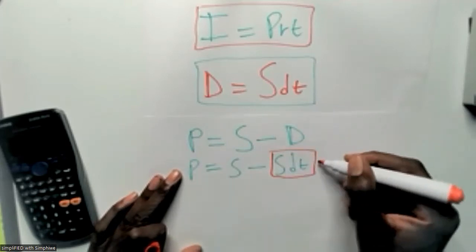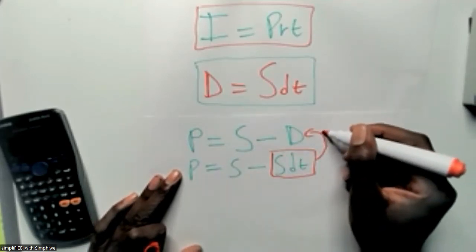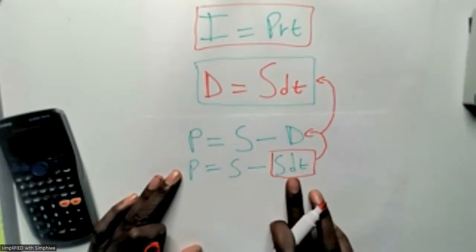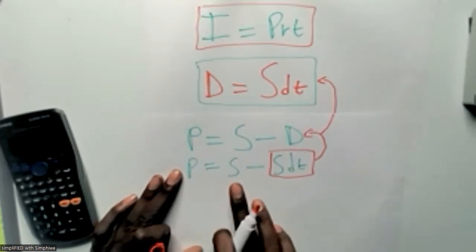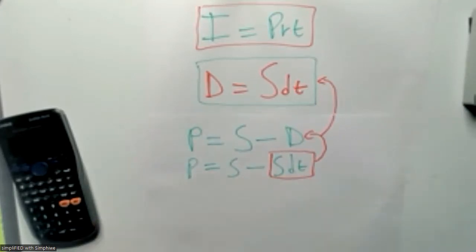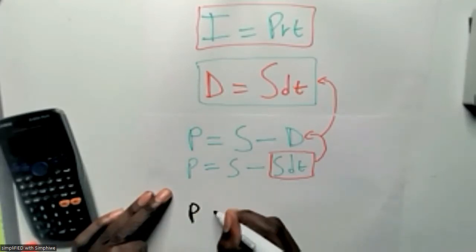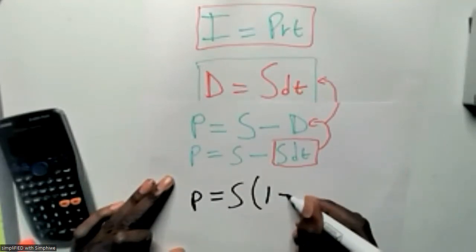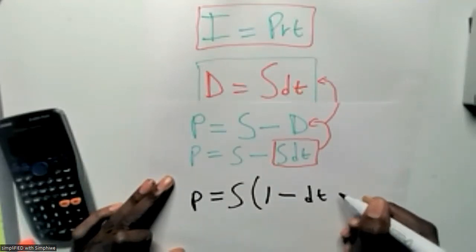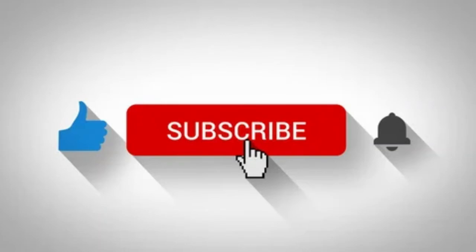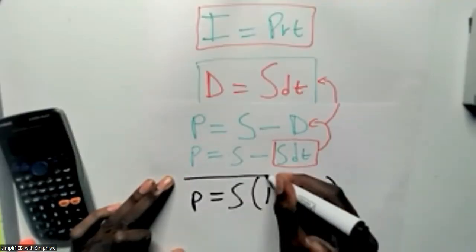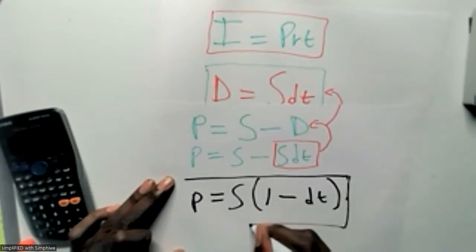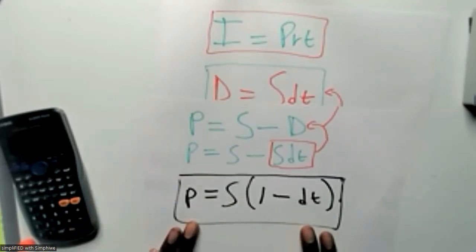This part here, you can see they connect. So if I take a common factor here, then I have something of this nature. We then say this is our formula for discount.